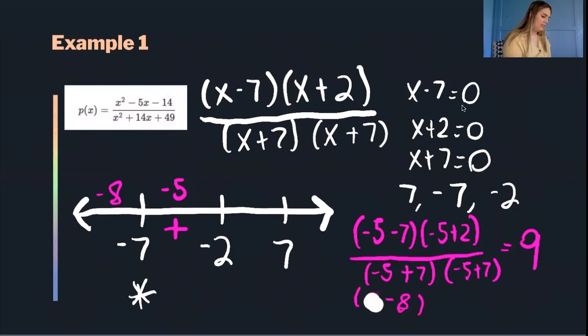Gosh, y'all, I'm mixing these up. So I have negative 8 minus 7, negative 8 plus 2, over negative 8 plus 7, negative 8 plus 7.